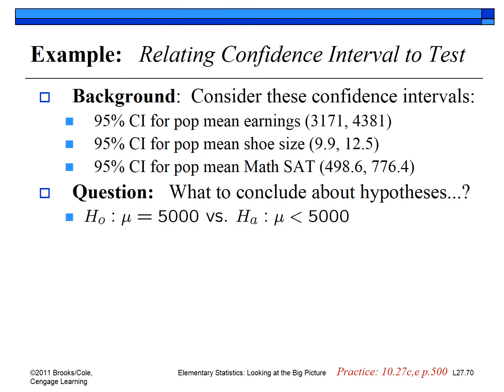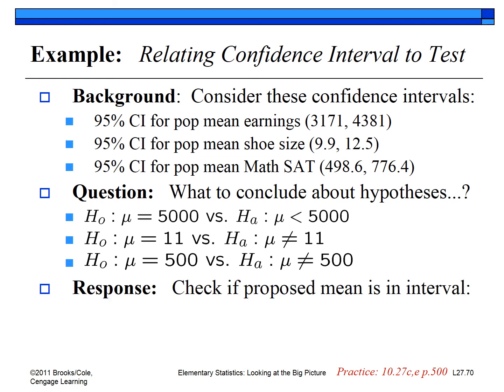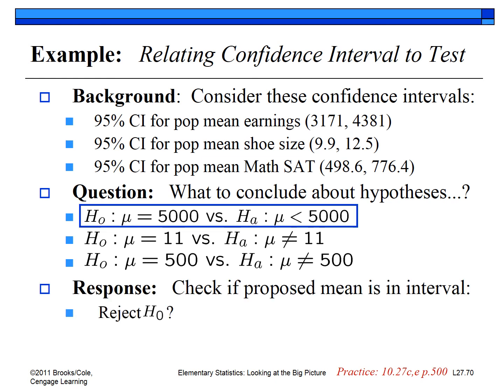First, that the population mean is 5,000 versus that it's less than 5,000. That the second one is 11 versus not equal to 11. That the third one is 500 versus not equal to 500? Well, in the first one, the proposed mean is outside the confidence interval, so I think the null will be rejected.